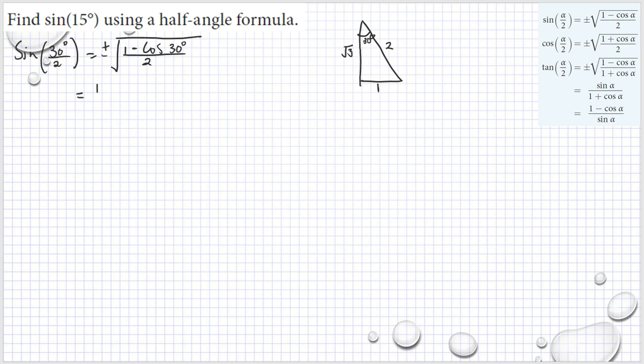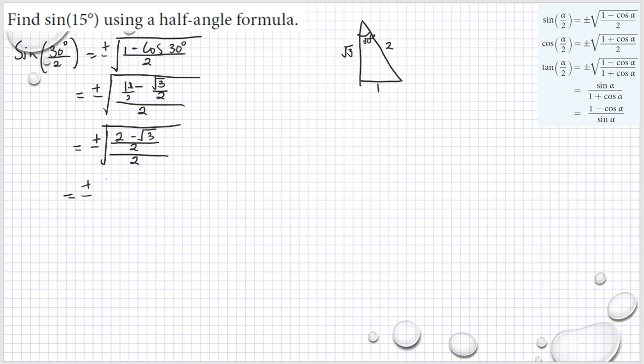So we have plus minus 1 minus the square root of 3 divided by 2, divided by 2. And plus minus the square root of, if we expand 1 by multiplying by 2, then we have 2 minus the square root of 3 divided by 2, divided by 2.